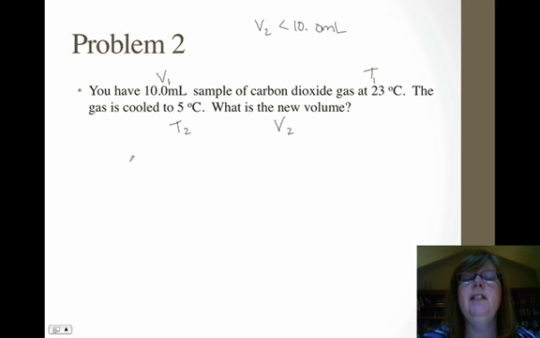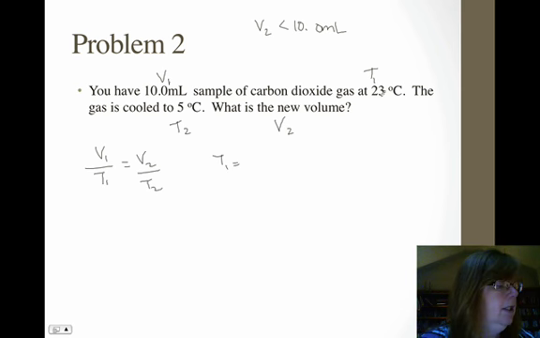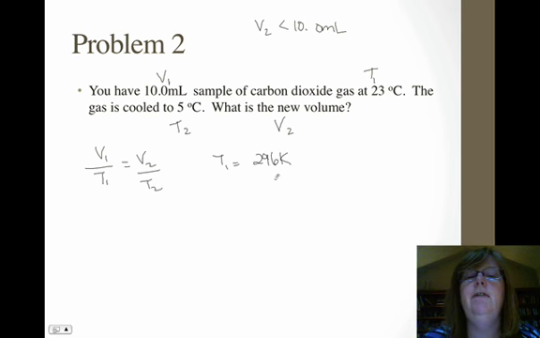The first thing we have to do, V1 over T1 is equal to V2 over T2, is convert these temperatures. So T1, it's 23 degrees Celsius, and so that is 296 Kelvin. We're adding 273 to it. And T2 is 5 degrees plus 273, which is 278.